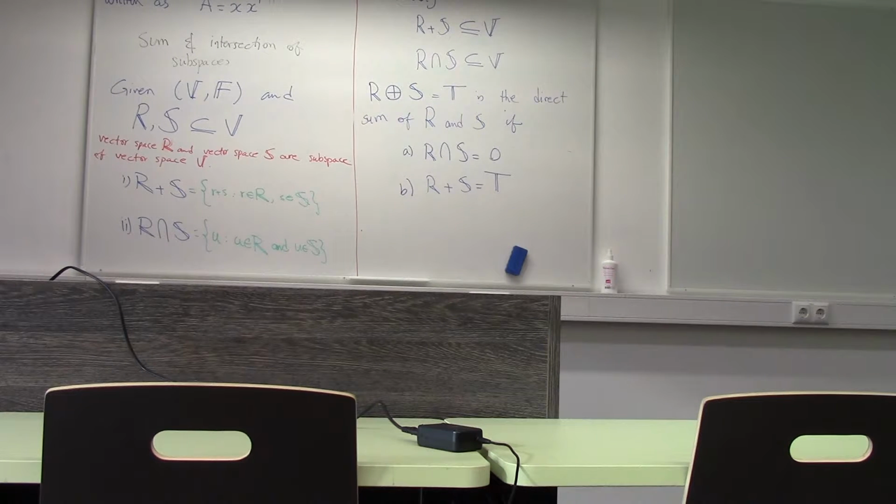Do you remember from set theory that if this condition is satisfied, in other words, if we have the direct sum, what do we call R and S?